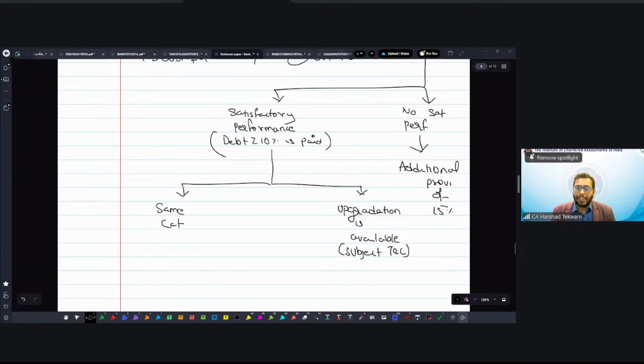That depends upon the category of the borrower, so it is subject to terms and conditions. As of now, I have just given the standard one, and we are not required to go into much more detail. This is the standard one, and based on that, the provisions will be made.